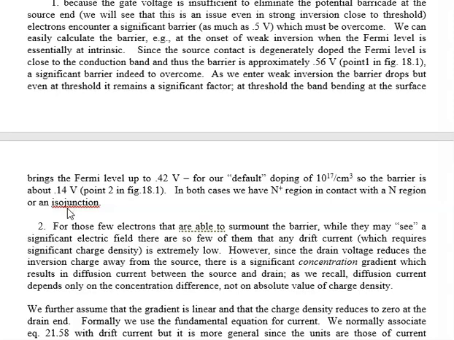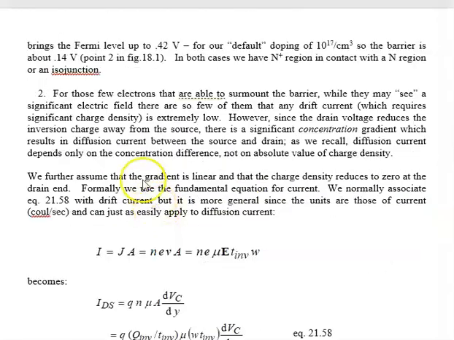So that's what we call an iso, or same, junction. It's not really a PN junction. For those few electrons that can surmount the barrier, well, what do they see? They certainly see an electric field, but they also see a concentration gradient, because as we move down the channel from the source to the drain, the number of mobile charges gets less and less.